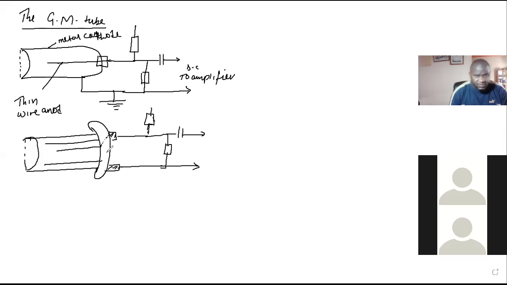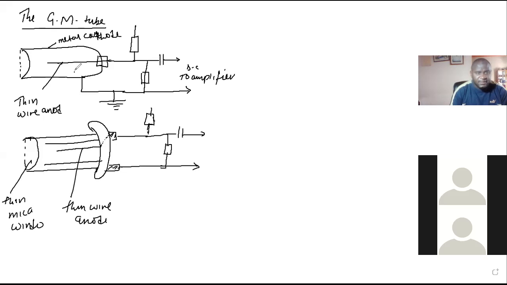So those are the same illustrations. So this still would be our thin wire anode. This would be our thin mica window, which is the same as the one up there.